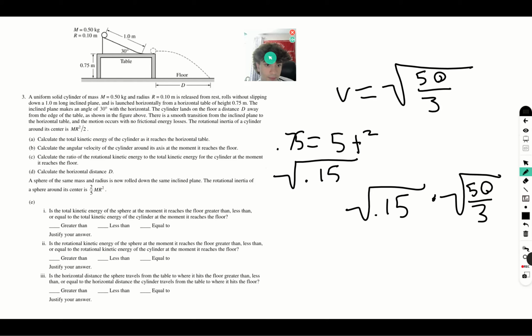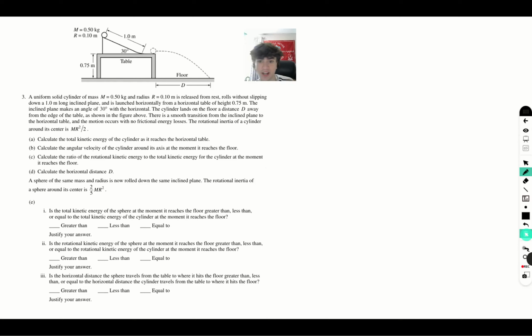Alright, so let's think about this a little bit. Okay, so we're given a sphere that has an inertia 2/5 mr squared. And we know that the total kinetic energy is the rotational plus the translational, and these are equal to the potential energy, which is just mass times gravity times height.